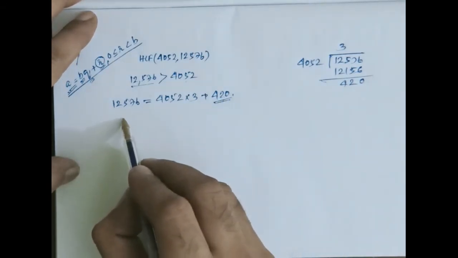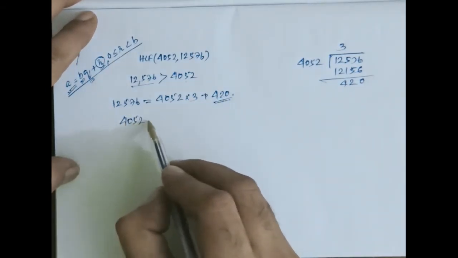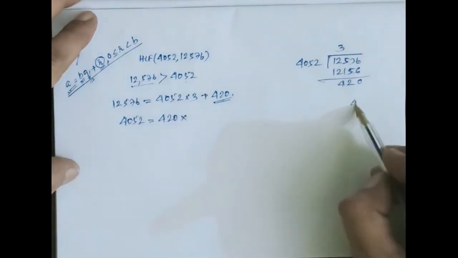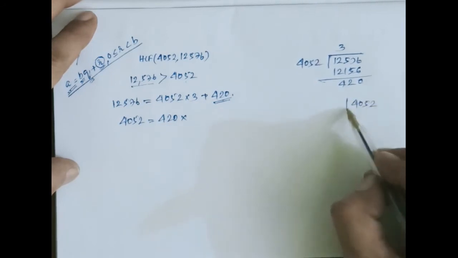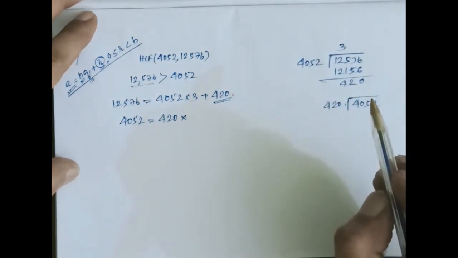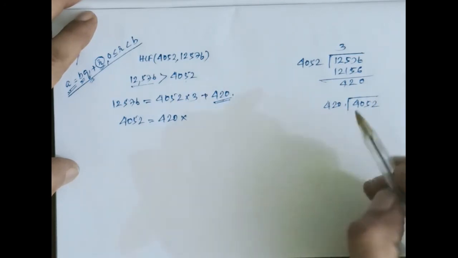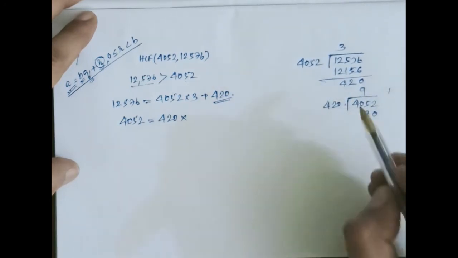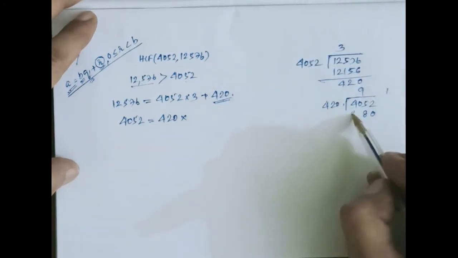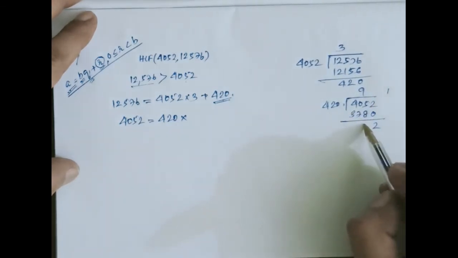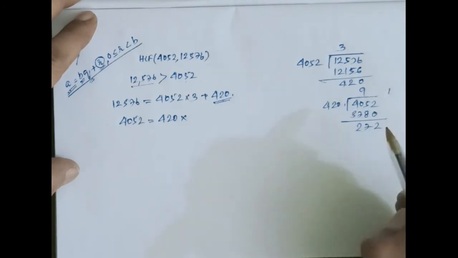Next step, 4052 divided by 420 becomes 9 times, remainder 272.